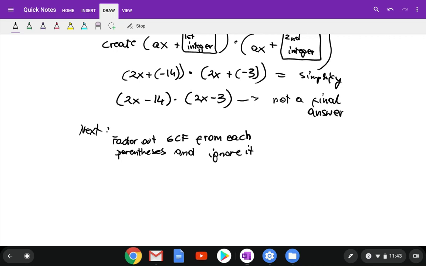Okay, so let's do that with 2x minus 14. The GCF here is equal to 2, so we can rewrite that as 2 times x minus 7.